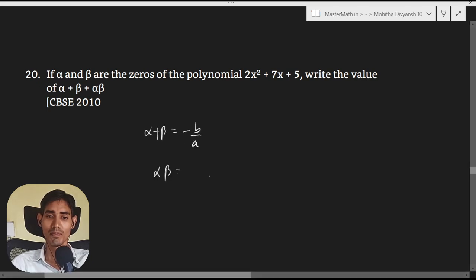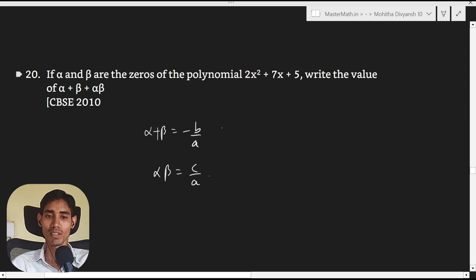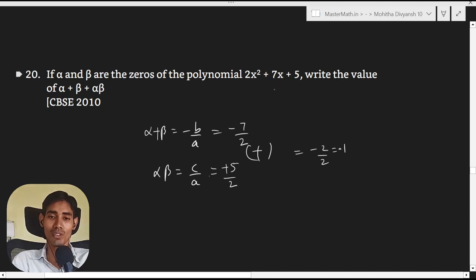By using that, we find alpha plus beta and alpha beta, and we find the value. Although you did it right, never underestimate the a value. If it is 1, then you can write minus 7, but we need to be a little careful.